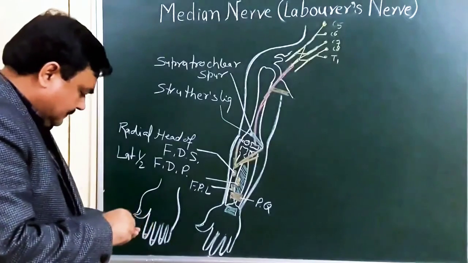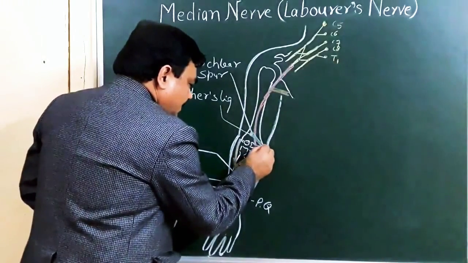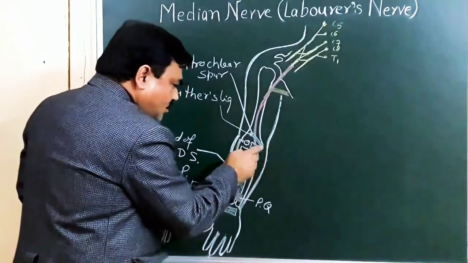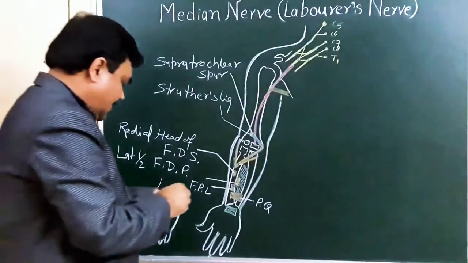Another thing, some muscles take origin from here. This is the common flexor origin.